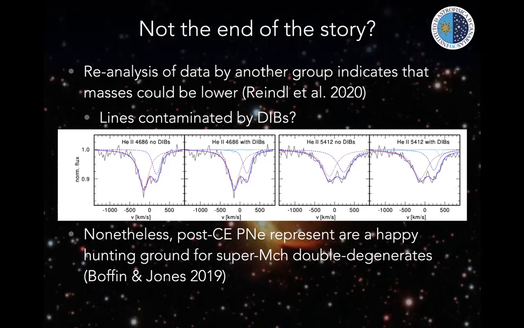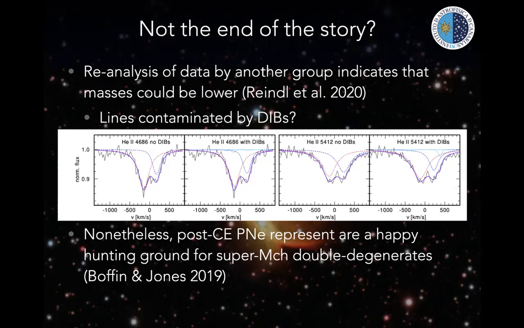It will still merge in less than a Hubble time, which still makes it an interesting candidate type 1a progenitor, but it's no longer the holy grail. It's no longer the super Chandrasekhar mass system, unfortunately.